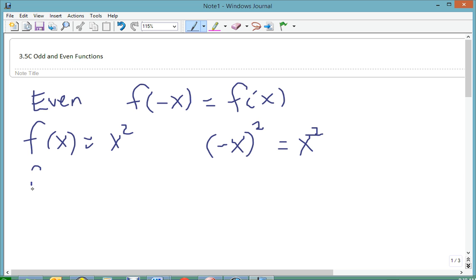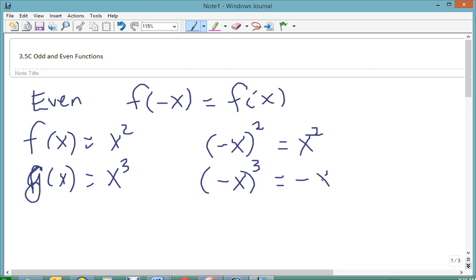Whereas if I were going to look at, let's do g, x cubed, and I plug in negative x, then I have these three negatives, and so that is the same as negative x cubed. So that one is not even.